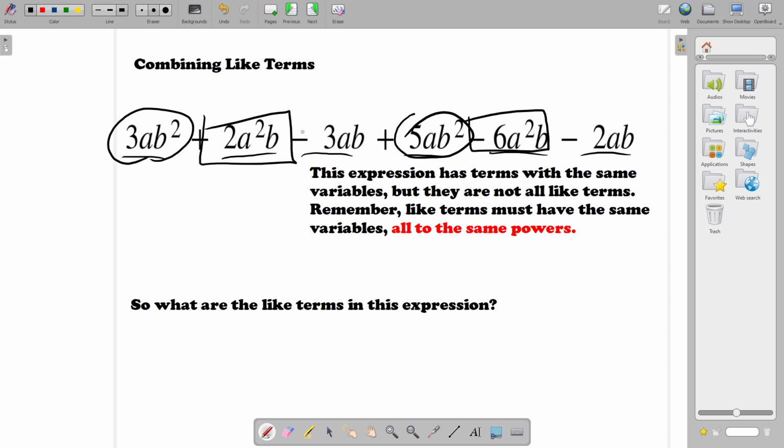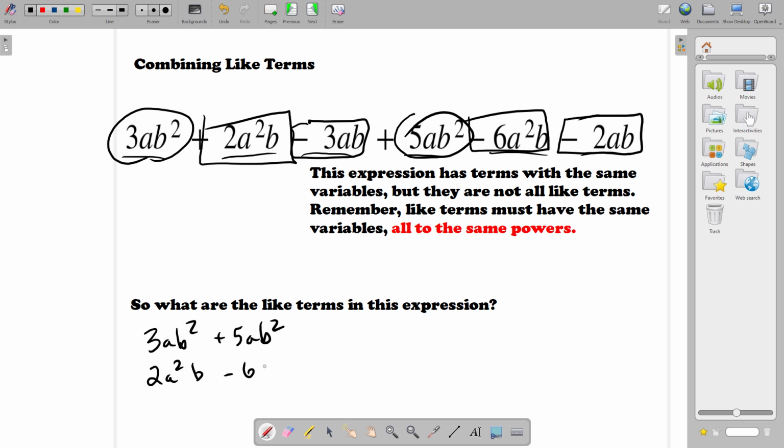And then we have another ab and ab term. So here our like terms are 3ab squared and another 5ab squared. And then we have a 2a squared b term and a negative 6a squared b term.